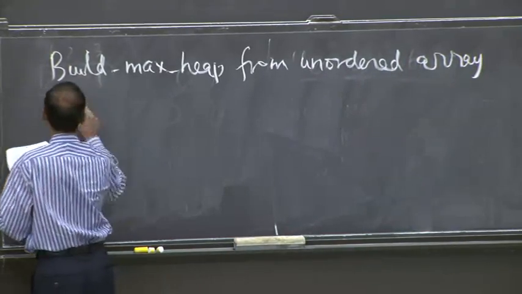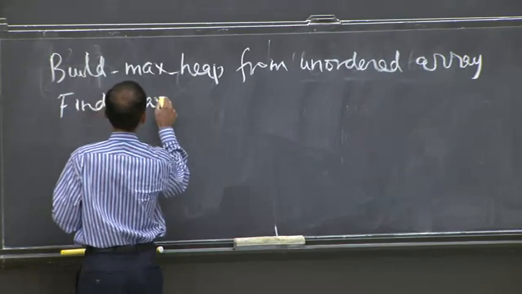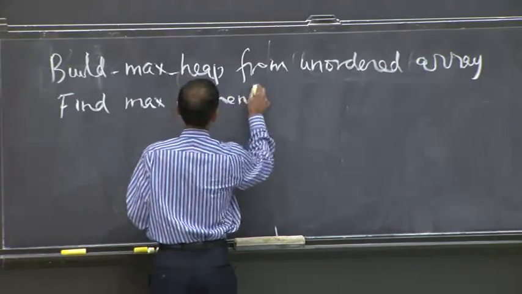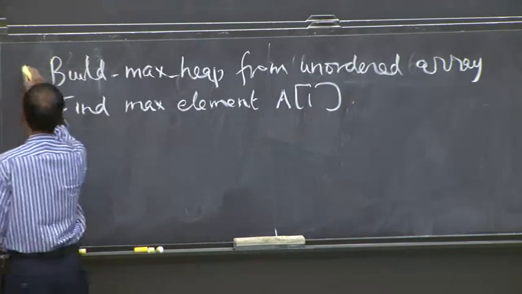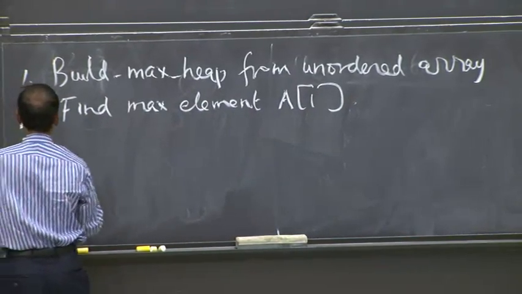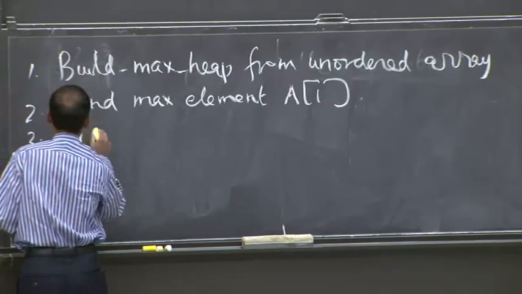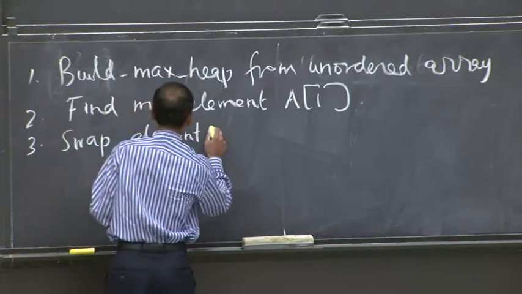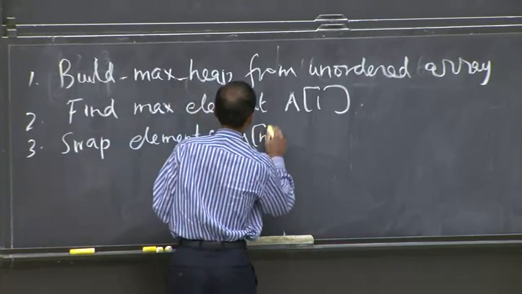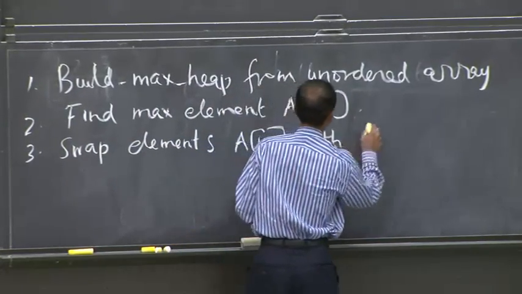Then you find the maximum element, A1. All of this I've said multiple times. Now the key step is you could do extract max, but one nice way of handling this is to swap the elements An with A1.